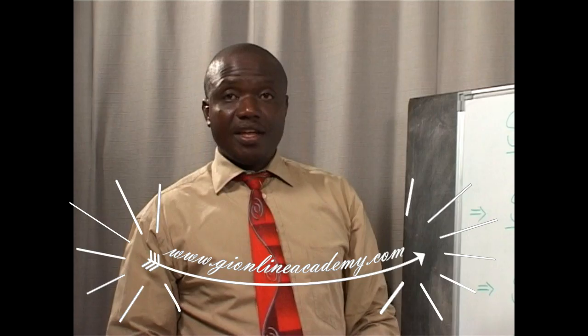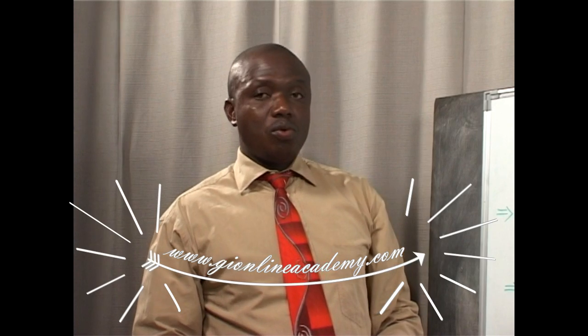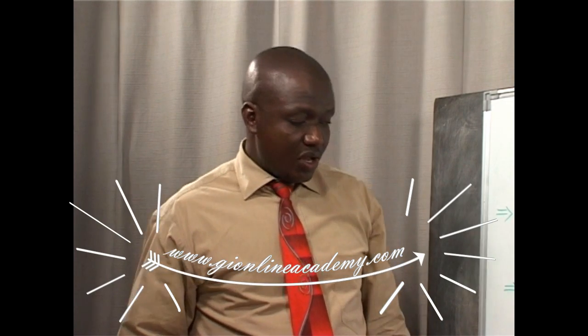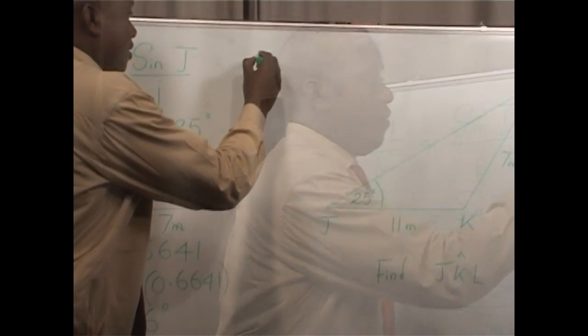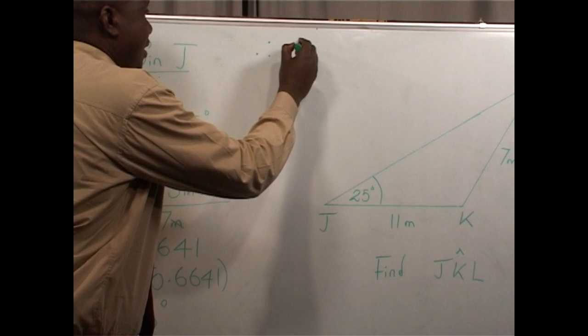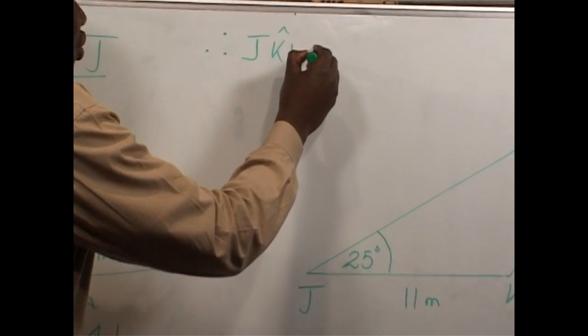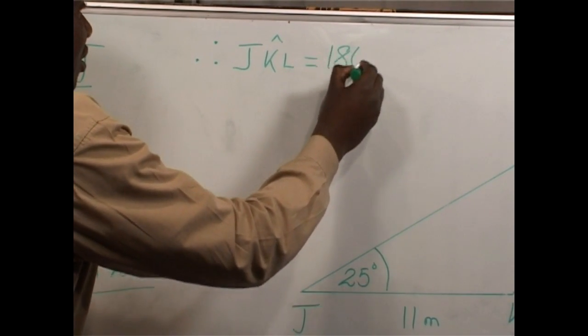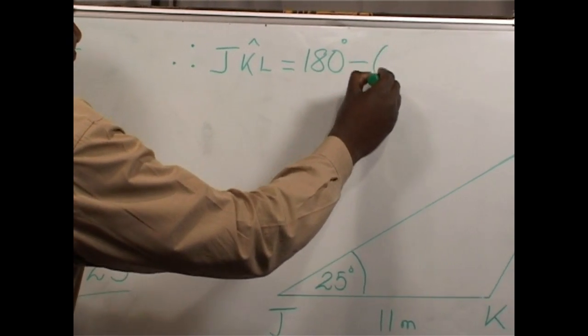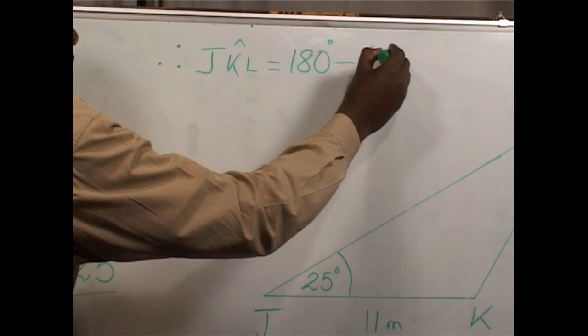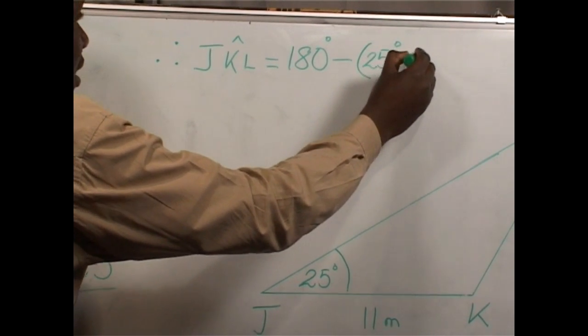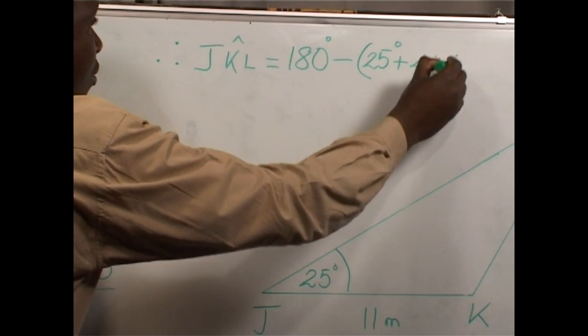But what we are required to find is the angle at K. As I said, these three angles must add up to 180. So the conclusion should have come out as follows. Therefore, the angle JKL is equal to 180 degrees minus the sum of 25 degrees and 41.6 degrees.